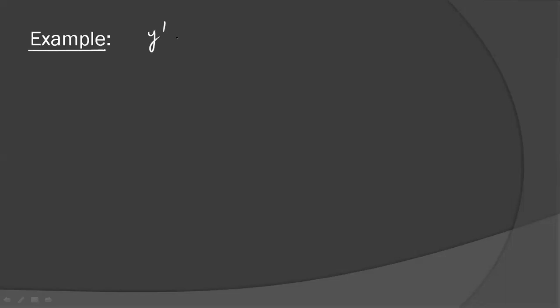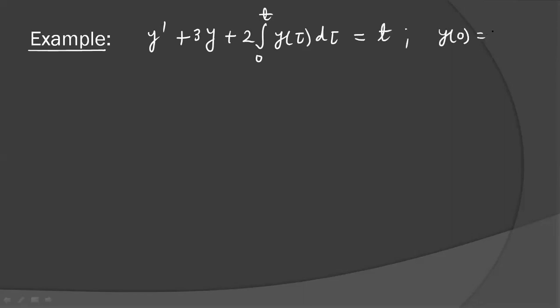So y dash plus 3y plus 2 times the integral from 0 to t of y tau d tau is equal to t, and the given condition is y(0) equal to 0. This is a very important differential equation which is very difficult to solve from the theory of differential equations, but by the Laplace transformation this is very easy.